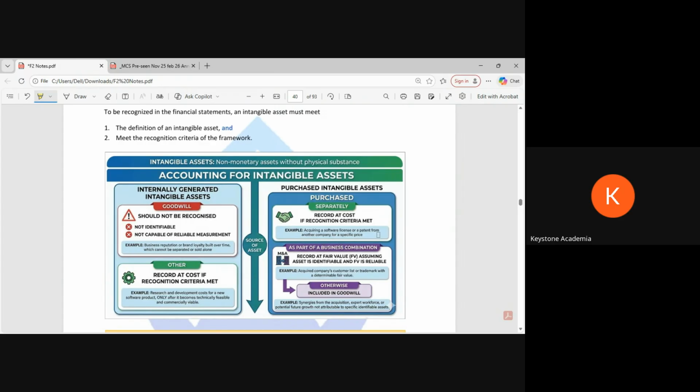Let's say tomorrow we have started making our own laptops. I think making laptops can be easier than the phone because the competition is so high in the smartphones. So for that, we have acquired a certain patent that will be recognized under the intangible asset. If you see for us from last year to this year, we have not done anything as such. So our intangible has remained the same.